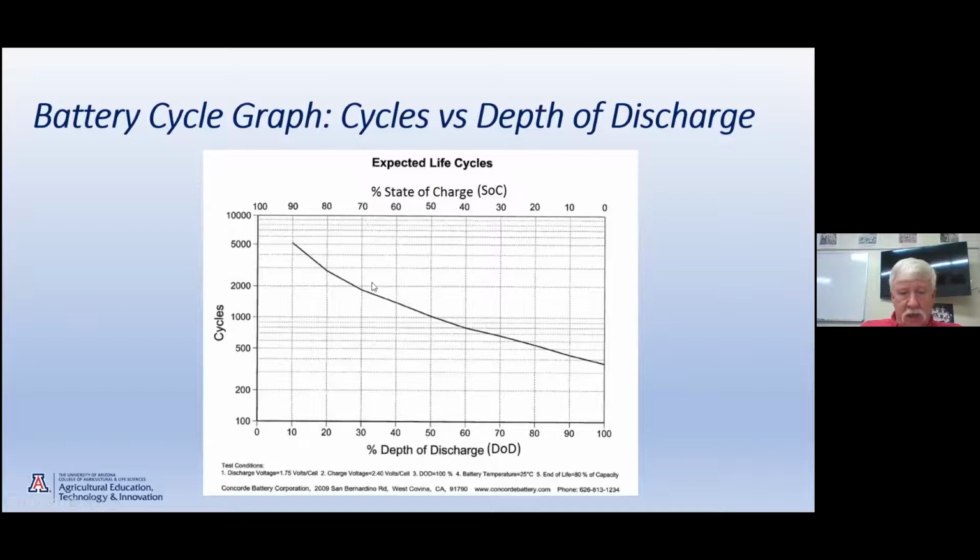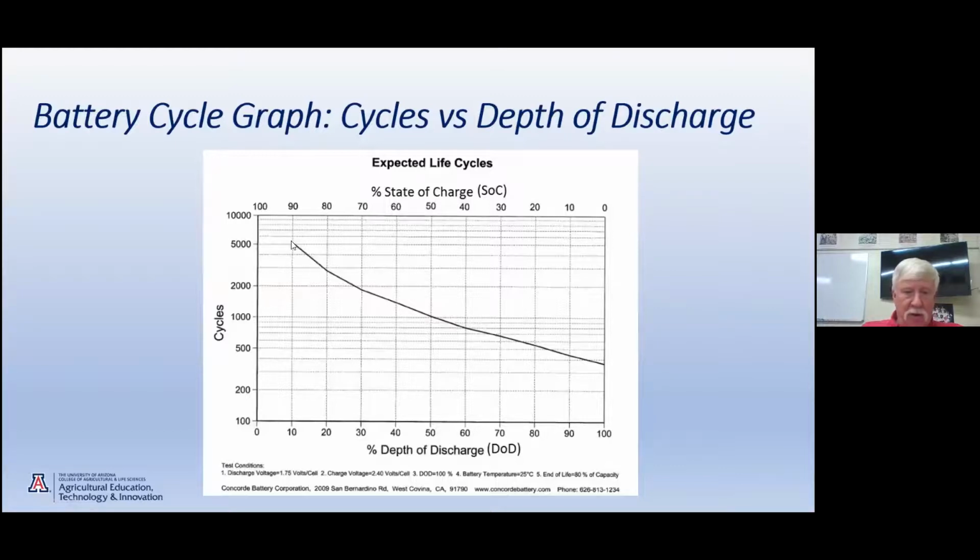So what this line shows us here is that the lower I take my batteries down, the depth of discharge, let's say if this battery here, I take it down to 70% and I come right to this line here where it intersects and I go across, that means now the number of cycles is reduced probably to about 750 cycles. So the lower I take my battery depth of discharge, I am now lessening the number of cycles that my batteries have.